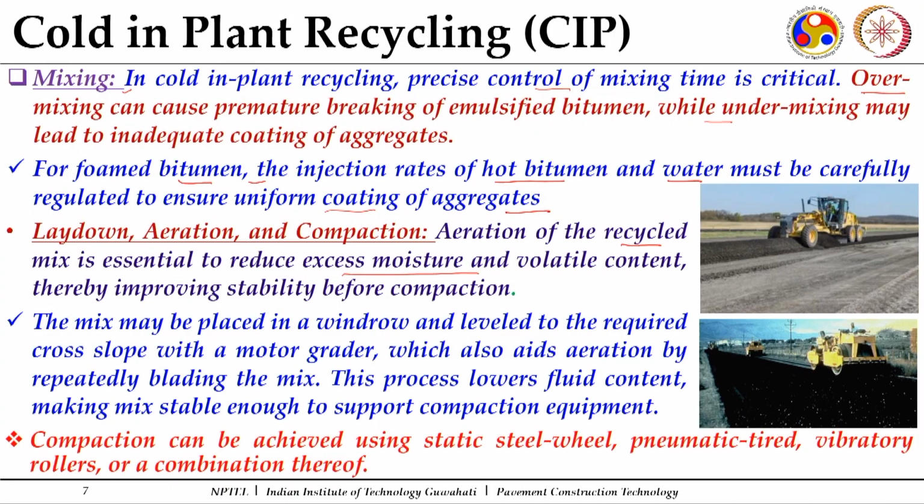There may also be some initial moisture content already existing in the RAP. So, the moisture content of the RAP needs to be first determined and then monitored at the plant. Specifically here it is cold in plant because there is no heating involved, to reduce excess moisture and volatile content, thereby improving stability before compaction.